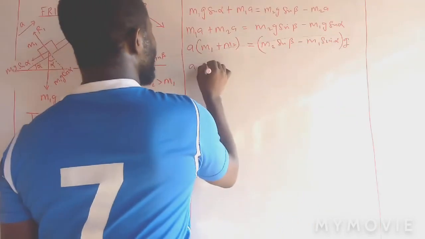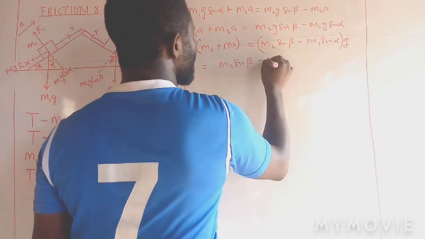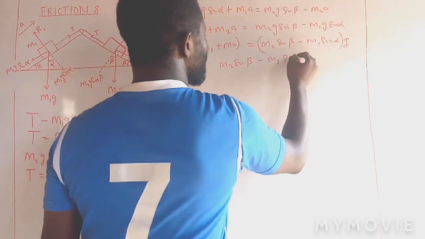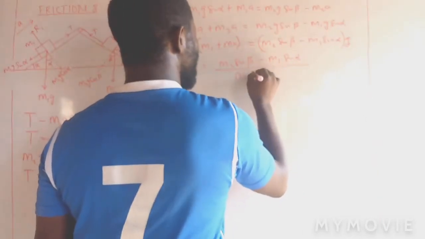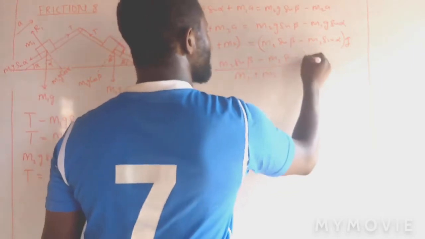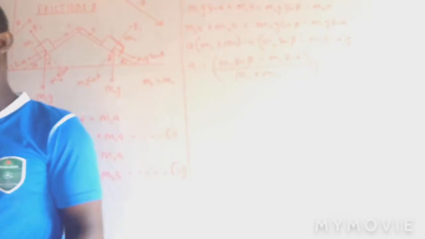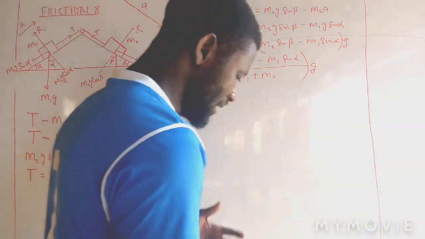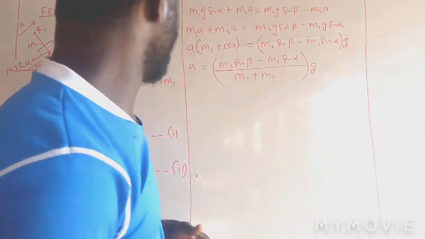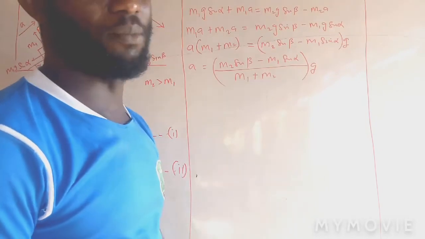From there, a is equal to m2 sine beta minus m1 sine alpha, all divided by m1 plus m2, then we close the bracket and put acceleration due to gravity. As a result of this, the acceleration of the two bodies is represented by this formula.